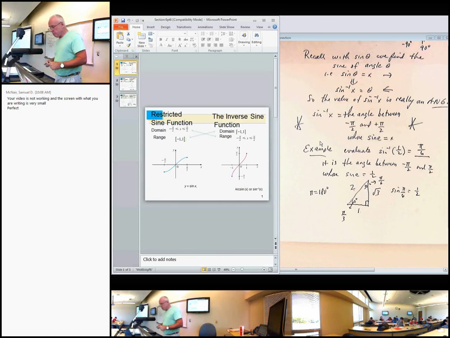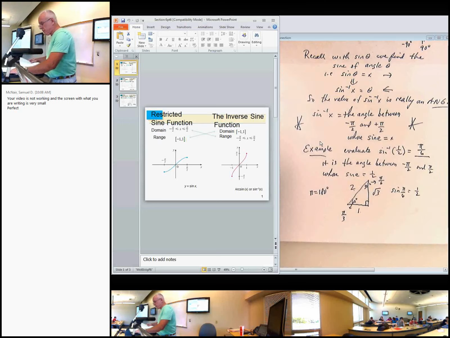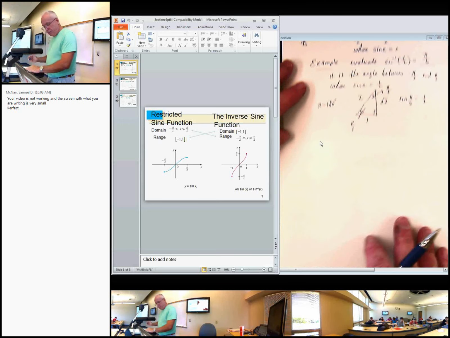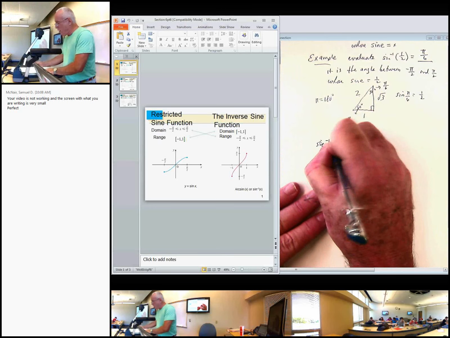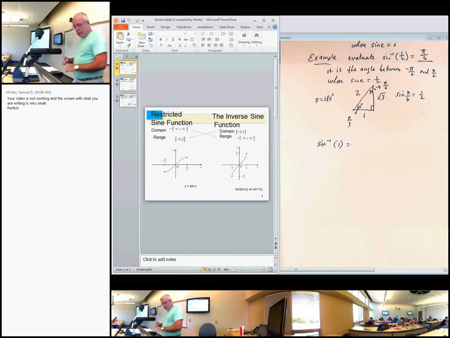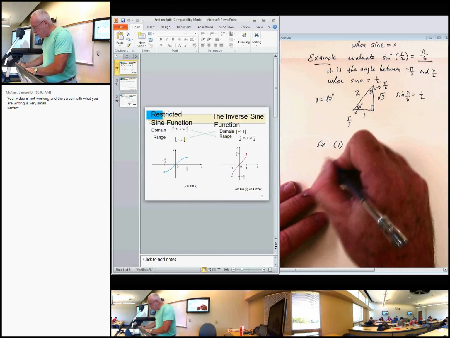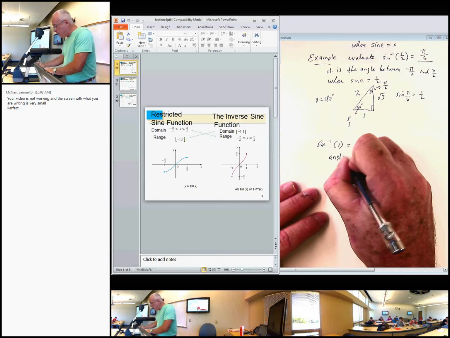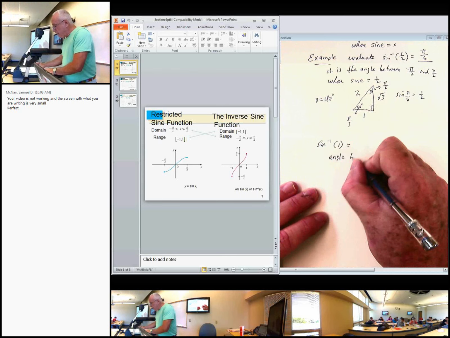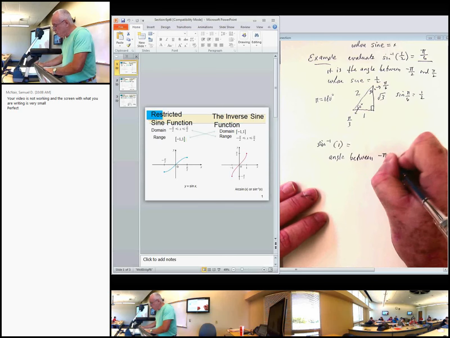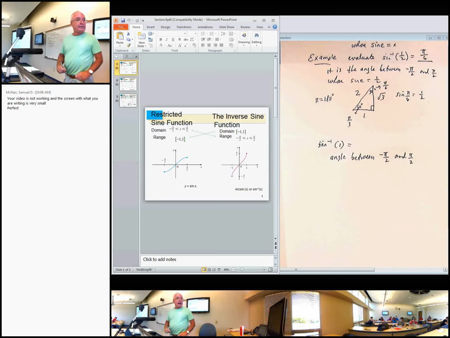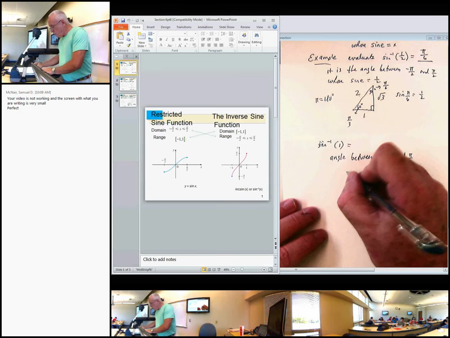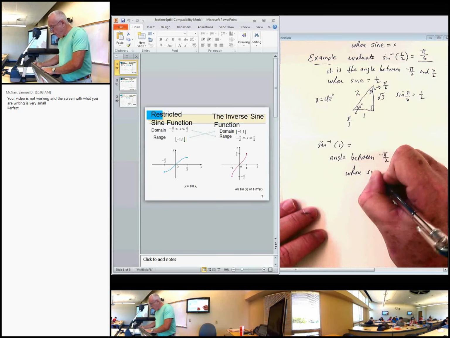All right? Let's do another example with this similar kind of thing. Let's try to figure out the sine inverse of the number 1. Okay, so what does this mean? Well, again, the inverse is an angle between minus pi over 2 and positive pi over 2 whose sine is equal to the number 1.